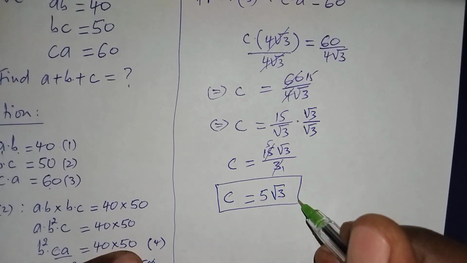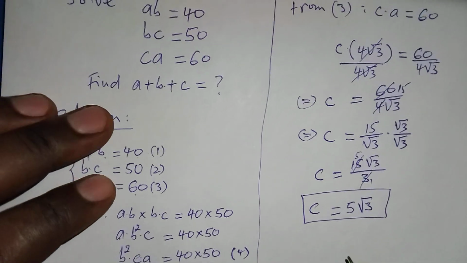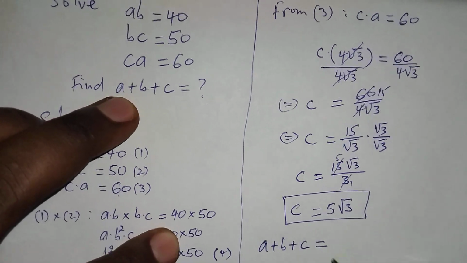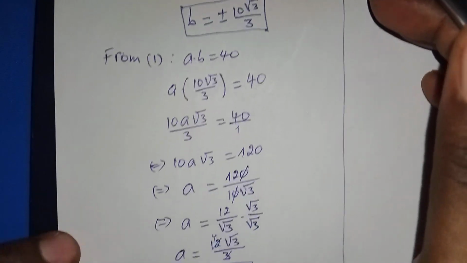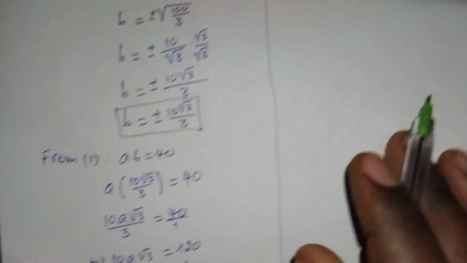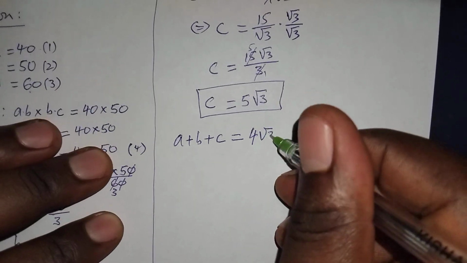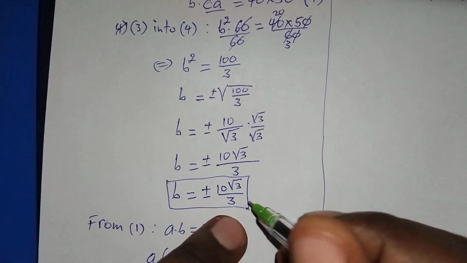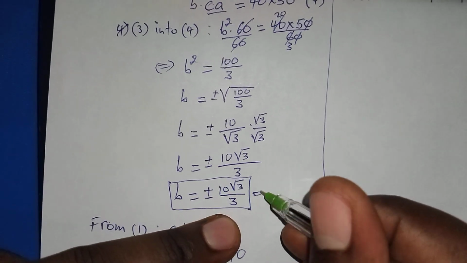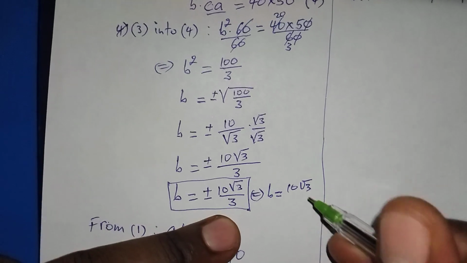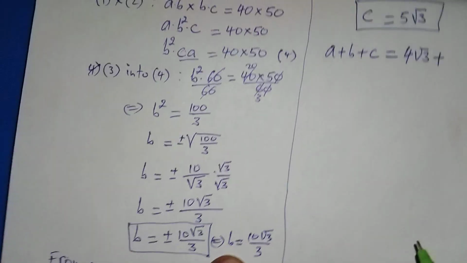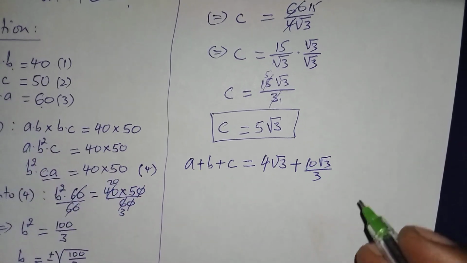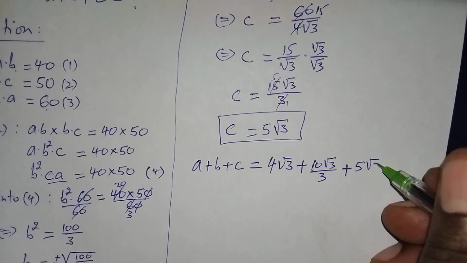This is the value of C. Then from our problem, we are asked to find the value of A plus B plus C. A is equal to 4 square root of 3, and then B, let's take a positive sign, B is equal to 10 square root of 3 over 3. And C is equal to 5 square root of 3.